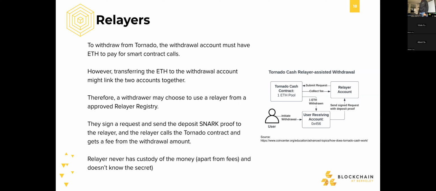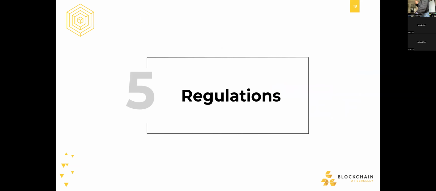So it works in that way. It's pretty popular. Well, I guess it's not popular now because it's banned, but it was pretty popular. When was it banned? 2022. That's when the OFAC sanctions came in. Well, in the US, but functionally, not many people use it now because of regulation, which we'll talk about.